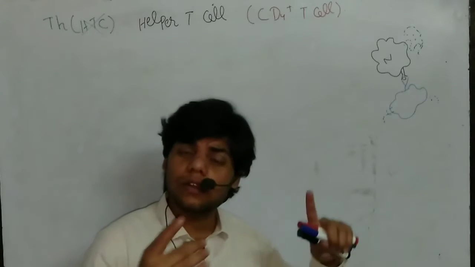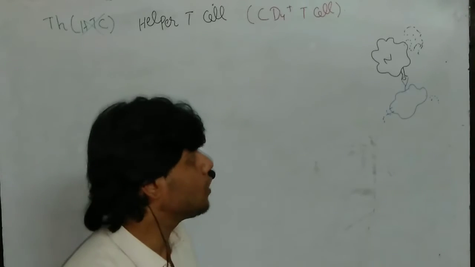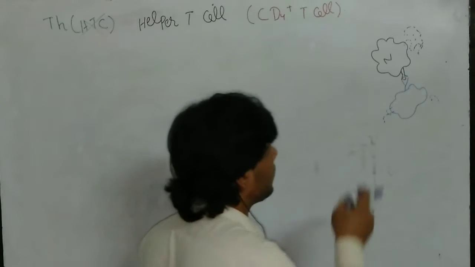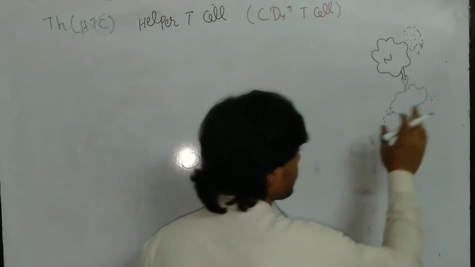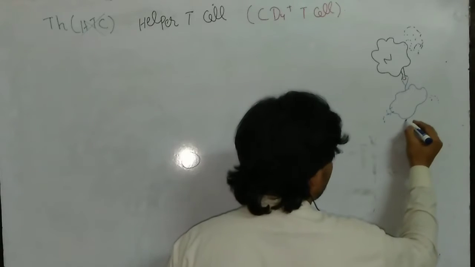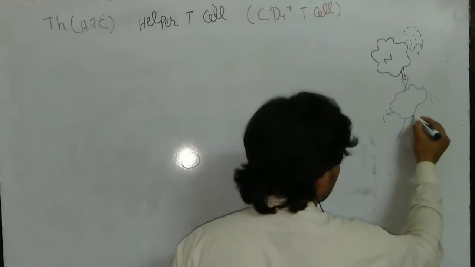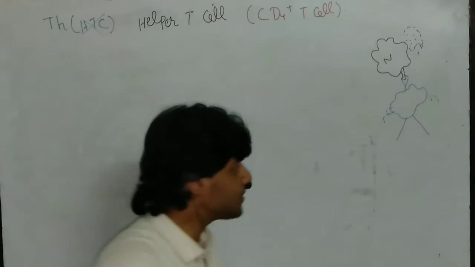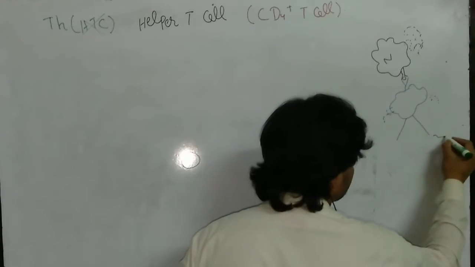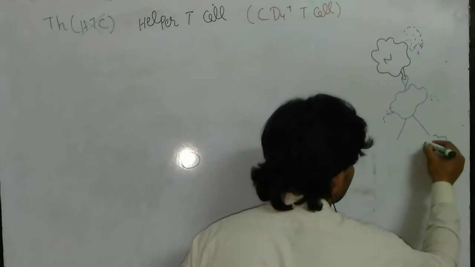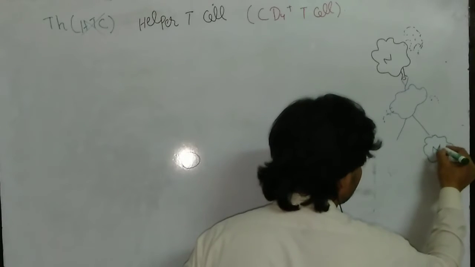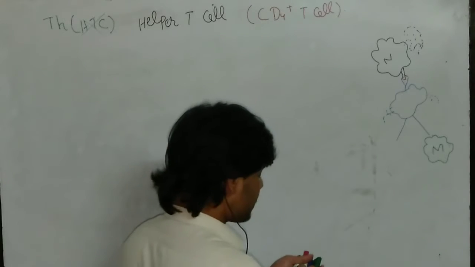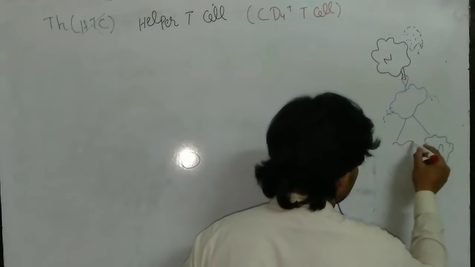They will secrete cytokines which can activate the complement system, depending upon the type of infection. Sometimes this helper T cell will convert into two cells which we call effector cells and memory cells. Let me draw here. Let's suppose this is another cell, the memory cell. And they also convert into another cell which we call the effector cell.